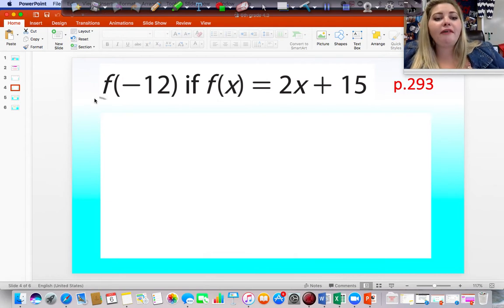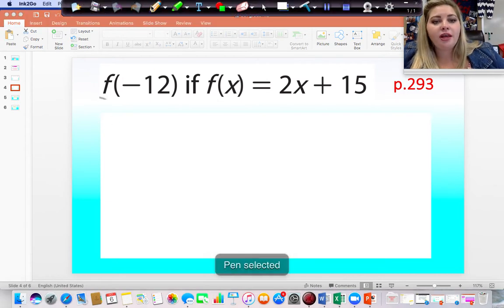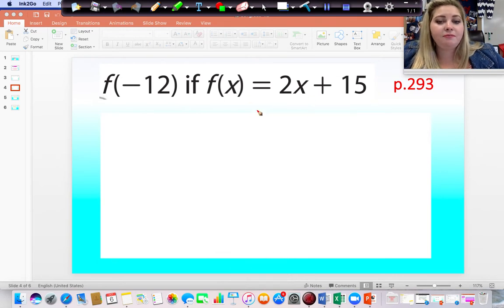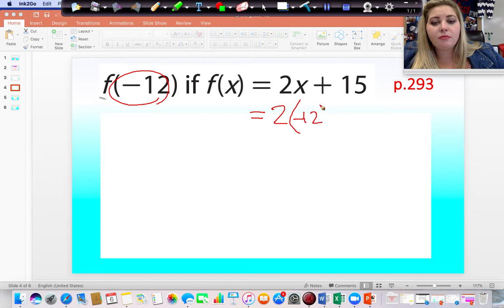Okay? So f of negative 12 if f of x equals 2x plus 15. So 2 times x, instead of the x, we are going to put this negative 12, plus 15. 2 times negative 12 gives us negative 24.